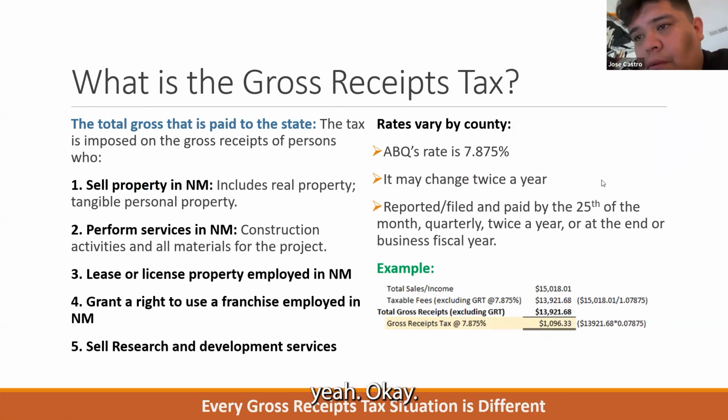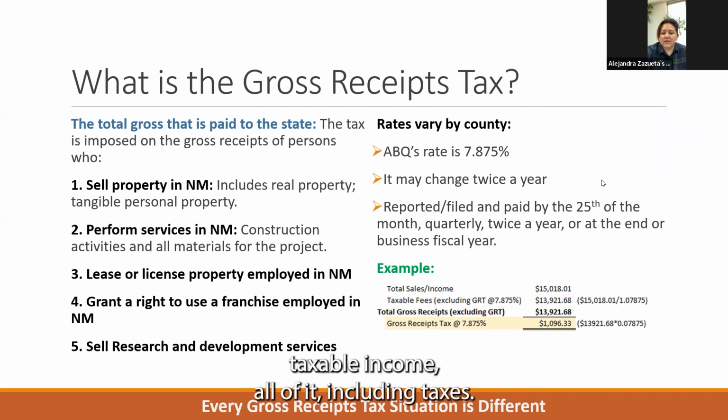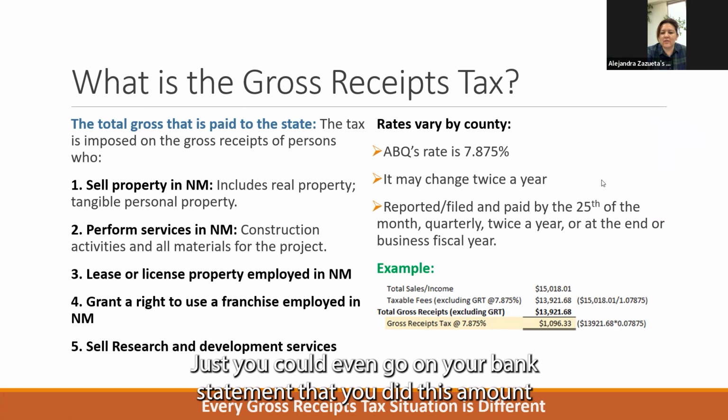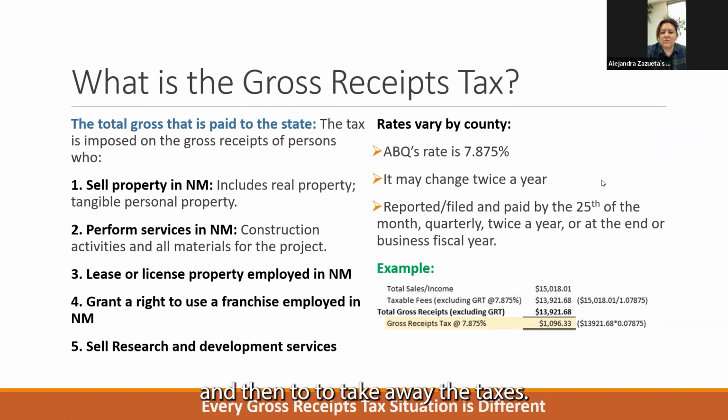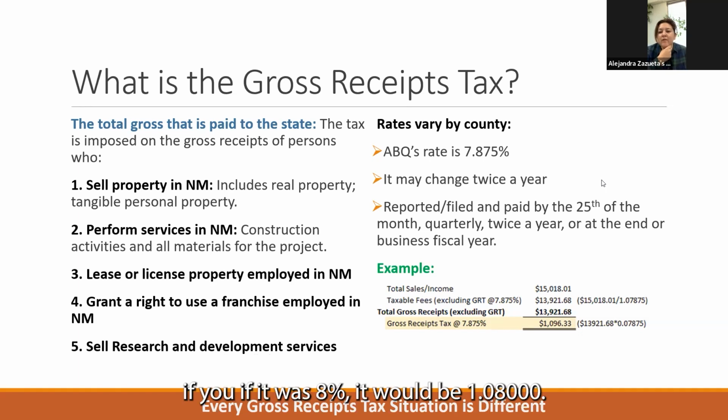Yeah. Okay, so the way it works is, this is your total taxable income, all of it, including taxes. You could even go on your bank statement and get this amount. And then to take away the taxes, you grab that total and you divide it by 1.07875 in this case, because I'm using the Albuquerque rate example. If it was 8%, it would be 1.08000.